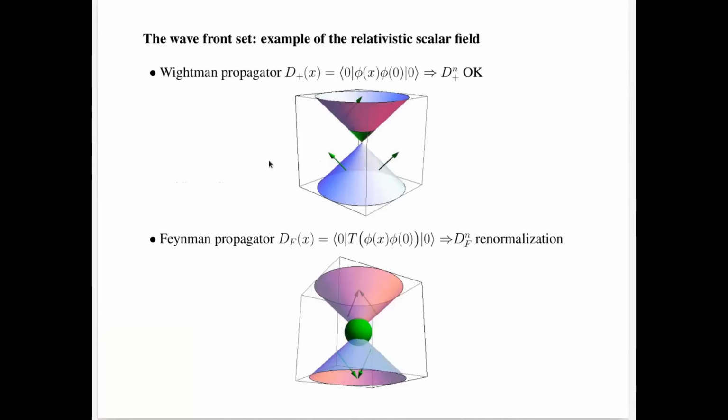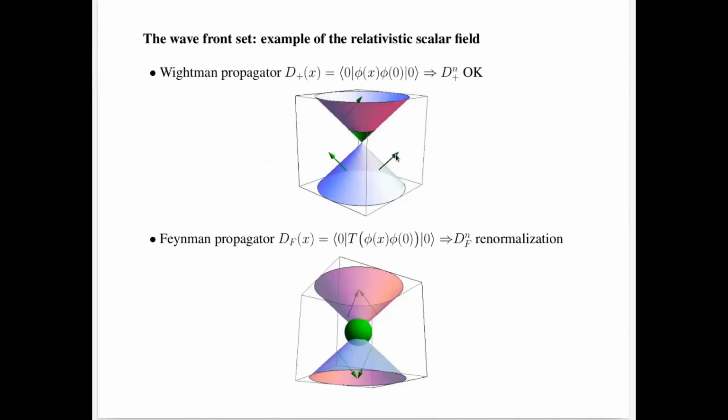So the idea of the wavefront set is that a distribution has a singular support. There are points where the distribution is not smooth. And for each point of the singular support, there are directions in the Fourier transform where the Fourier transform does not decrease fast enough.